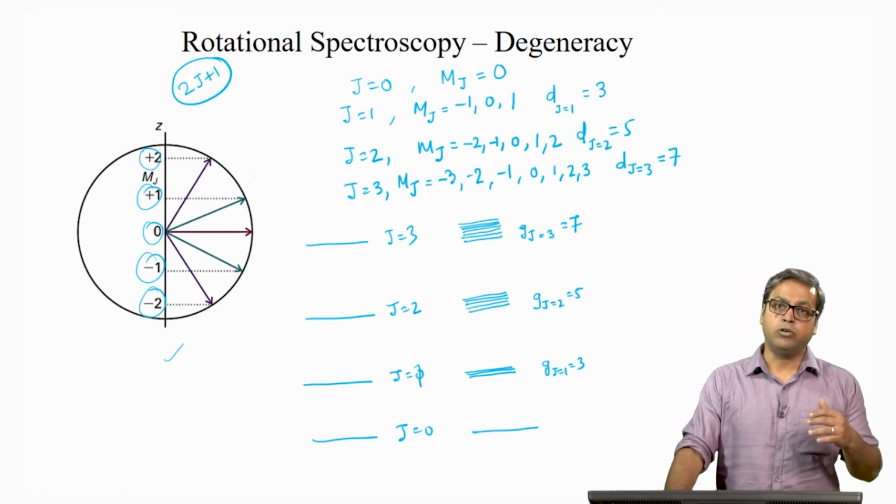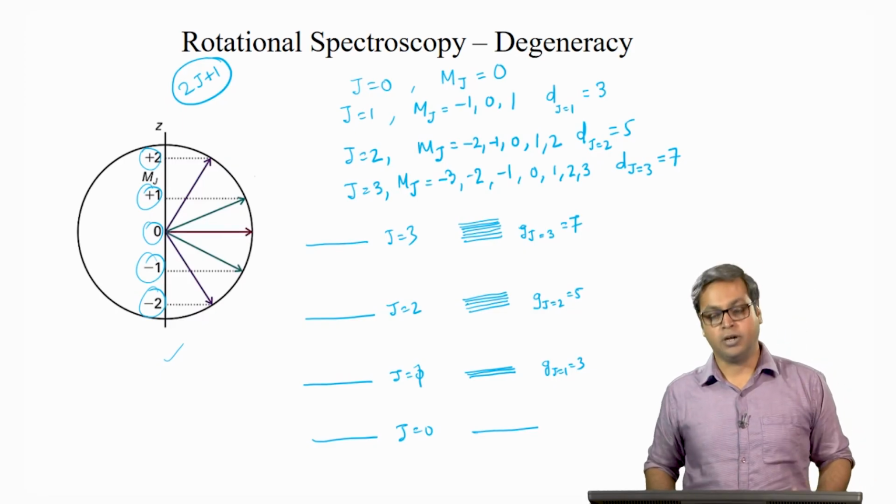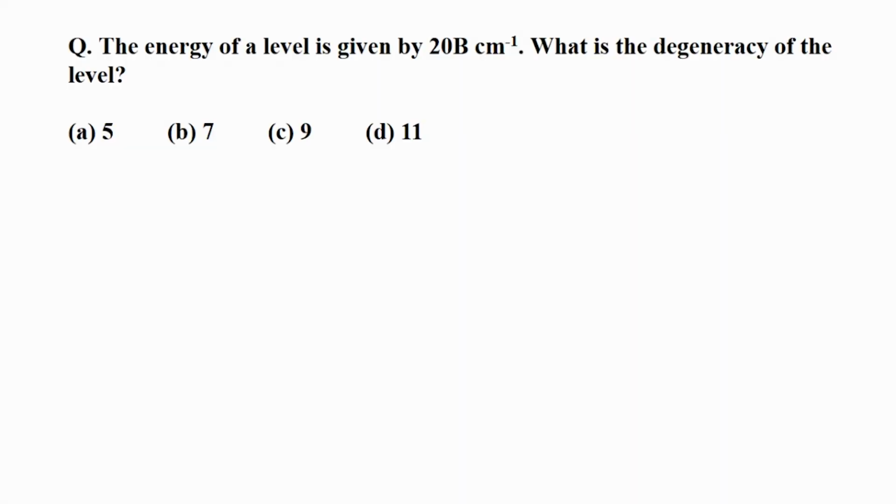Now, let us look into a couple of problems regarding degeneracy. The first problem we have is the energy level is given by 20B wave numbers. What is the degeneracy of the level? So, we know the energy of any level j is given by B j times j plus 1.